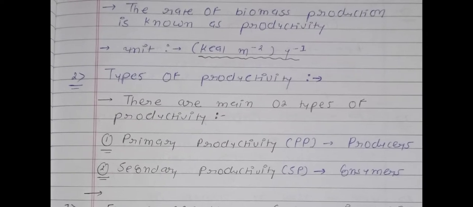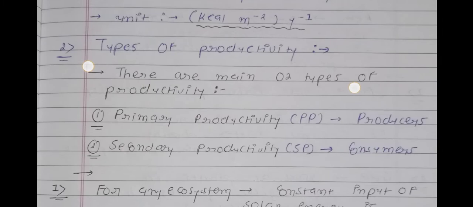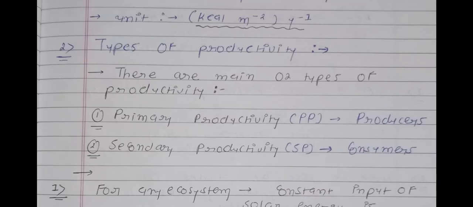Now in the second point, if we talk about the types of productivity, there are 2 main types of productivity. The first one is known as primary productivity, and the second one is known as secondary productivity. Primary productivity is connected with producers, while secondary productivity is connected with consumers.